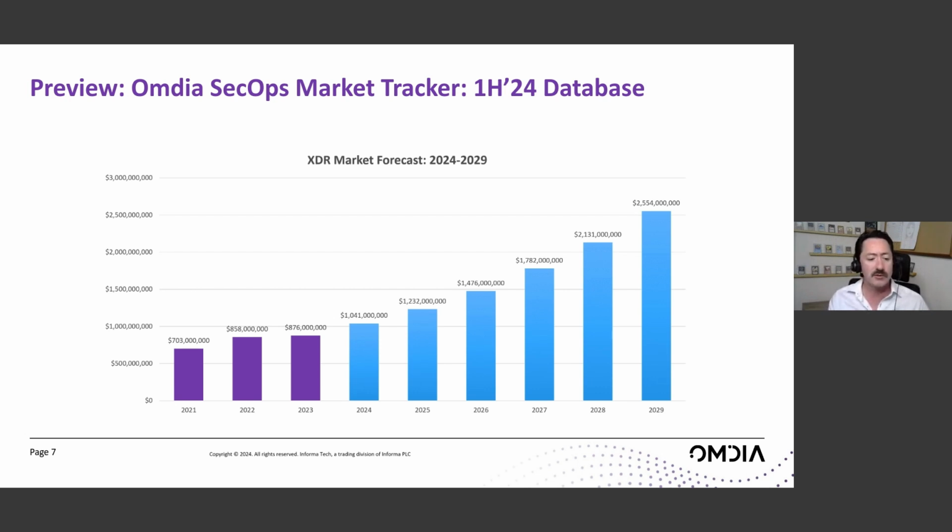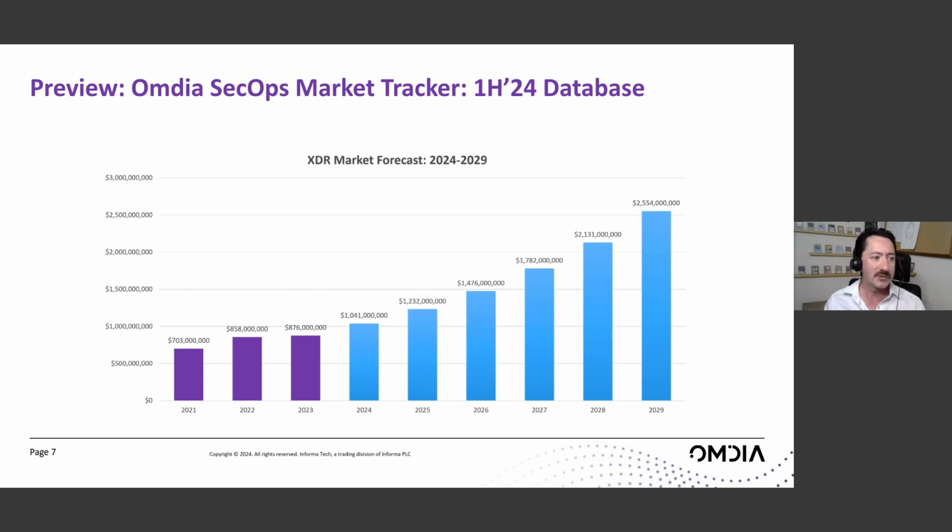I want to show that even though we had a little bit of a slowdown in the XDR market last year due to a variety of different economic factors, we're still very bullish on XDR as a standalone market. We're predicting significant growth. We see the market globally topping more than $1 billion in revenue this year, and then eventually growing over our 5-year forecast out to 2029, topping 2.5 billion.